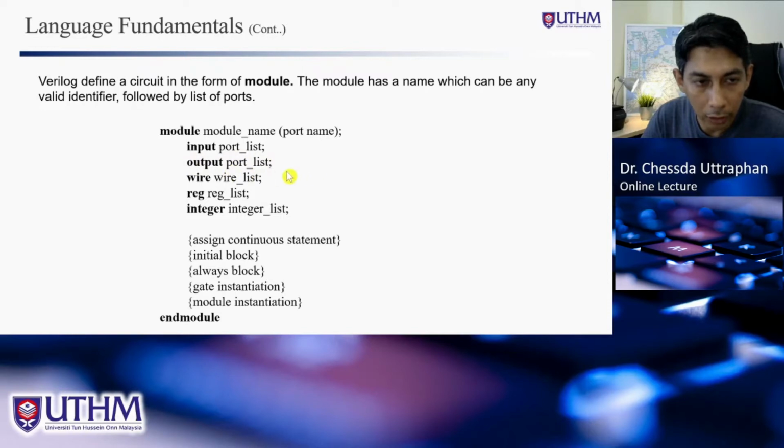Output, you list all your outputs. If you have any internal wire, you list all the wires. If you have any signal, here is the signal or variable. You need to use a variable, and later we will see when to use variables. We need to list all the variables that we have. All of these are the declarations.